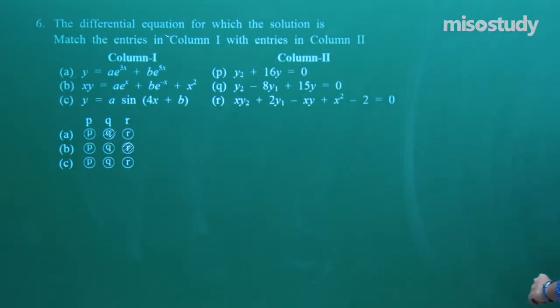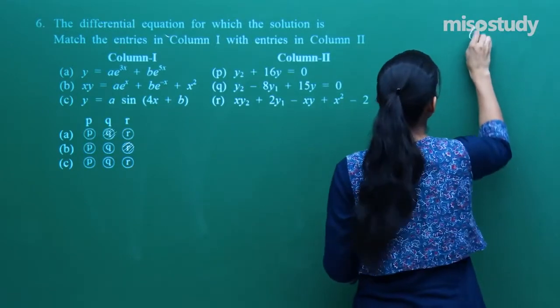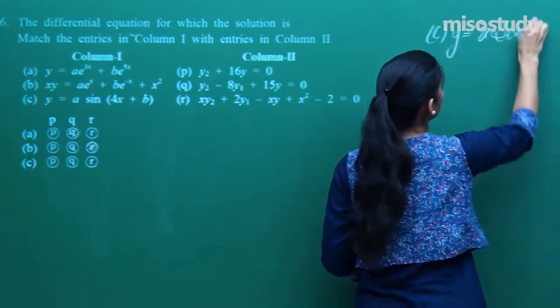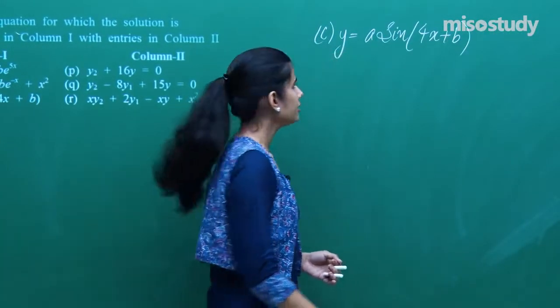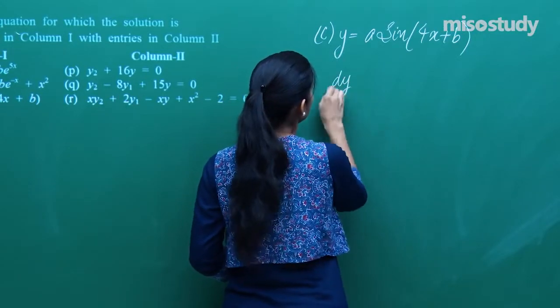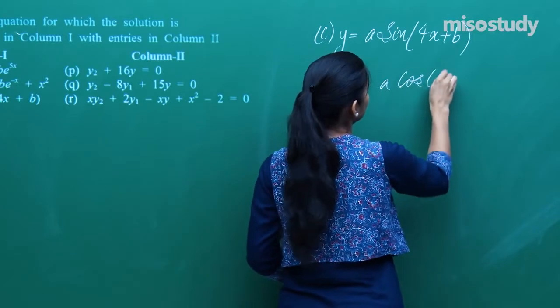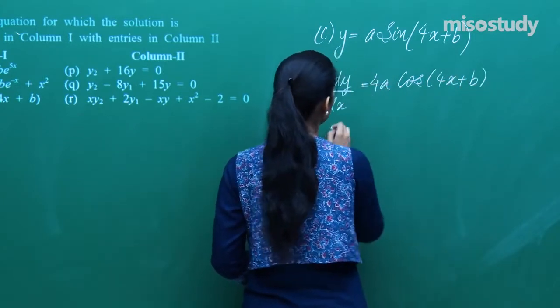Let's see. Last one is y is equal to a sine (4x plus b). Okay. So dy by dx becomes what? a cos (4x plus b) into d by dx of 4x, which is 4.